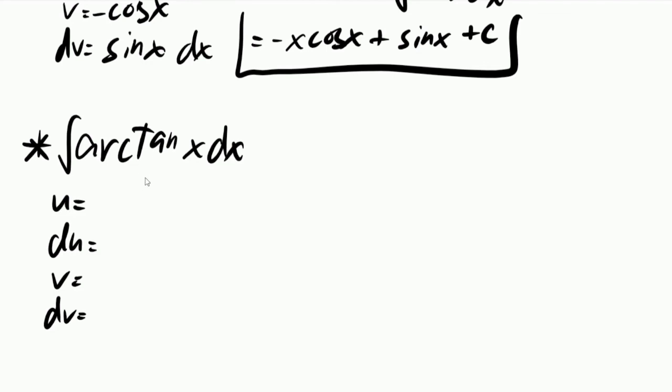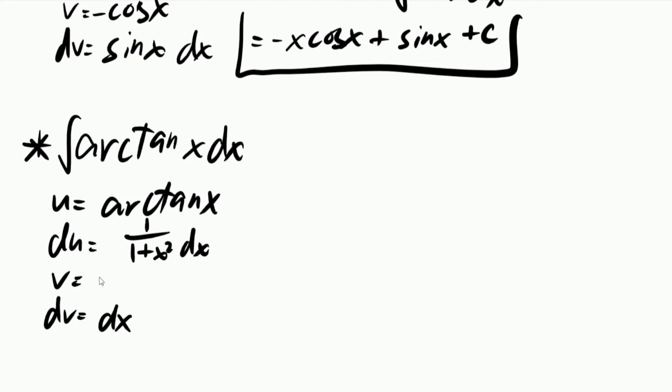For the u, we can have arctan x as the u. After that, we will find the derivative of arctan x, which is equal to 1 over 1 plus x squared dx. Then what we have left is dx, right? So that will be our dv, and the integral of dx is simply x.